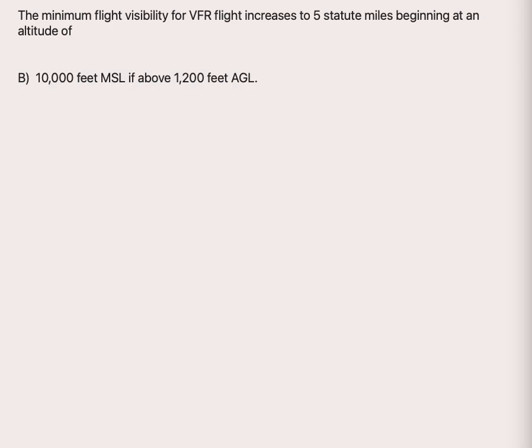If you're below 10,000, it's 3 statute miles visibility, and you have to be 500 feet below the clouds, 1,000 feet above the clouds, and 2,000 feet horizontal from the clouds. If you're above 10,000 feet, you can have 5 miles of visibility. You have to be 1,000 feet below the clouds, 1,000 feet above the clouds, and 1 mile horizontal from the clouds.